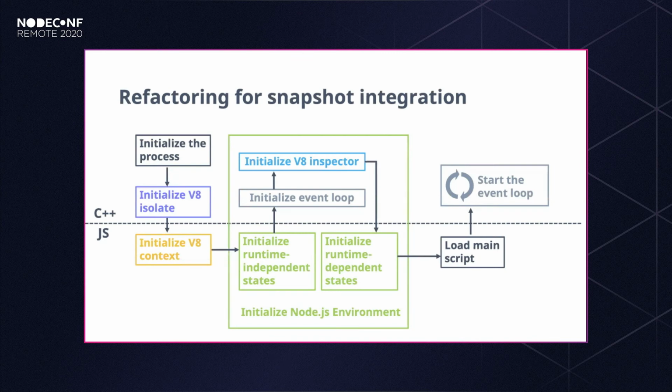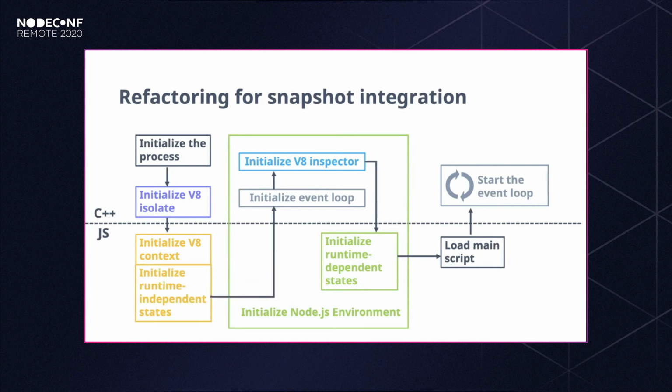And the third trick that we can do is to integrate the V8 startup snapshot into Node. For this, we need the runtime independent state that we can take a snapshot from. As explained earlier, this was done by refactoring and splitting the environment initialization process into two separate phases.